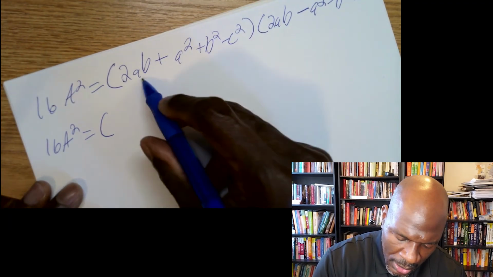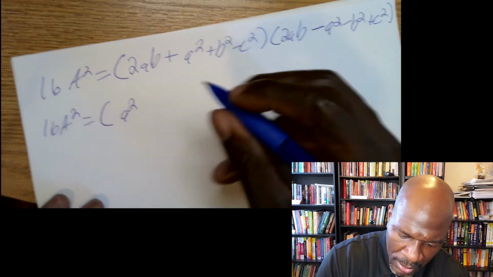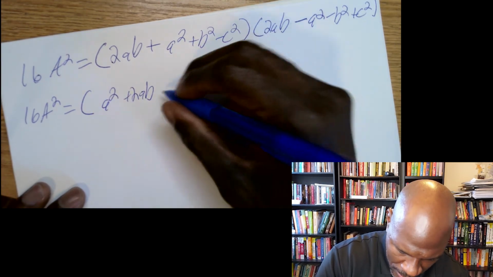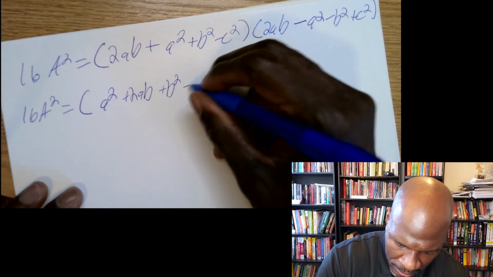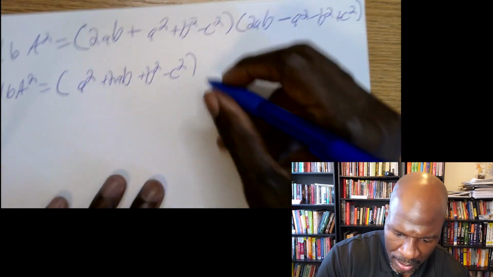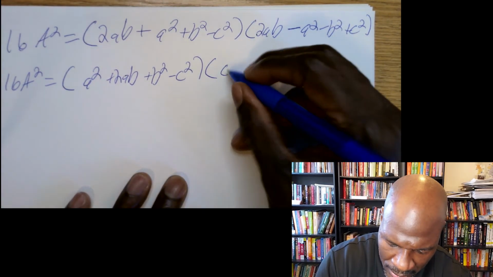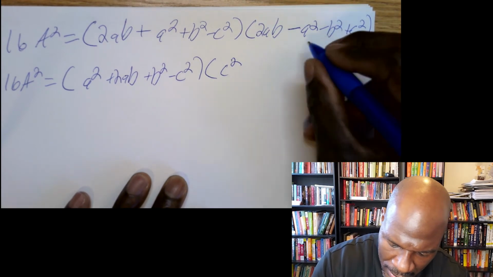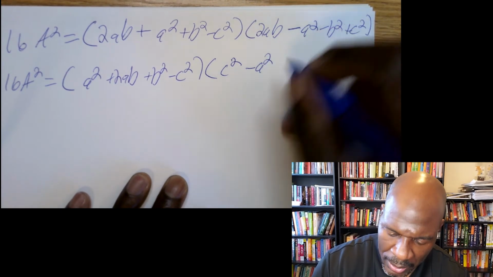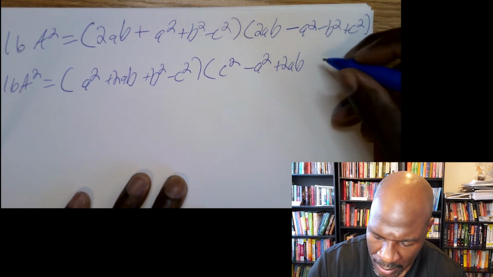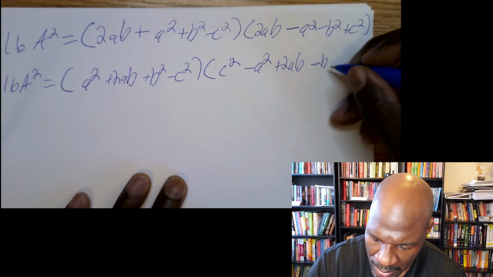So again, I'm going to move this a squared to the front. So this is a squared plus 2ab, then I'll put this b squared, plus b squared minus c squared. Cool, and here I'm going to put this c squared in the front, c squared, and then minus a squared plus 2ab minus b squared.